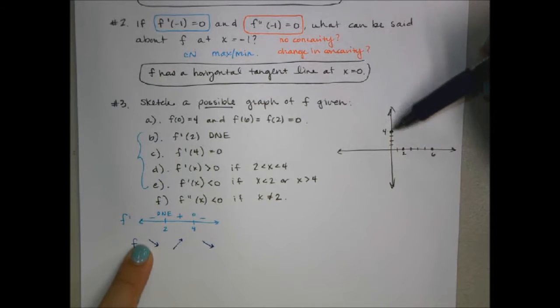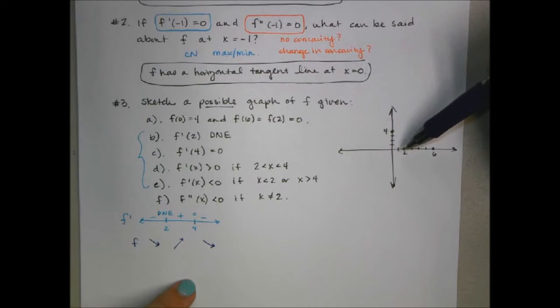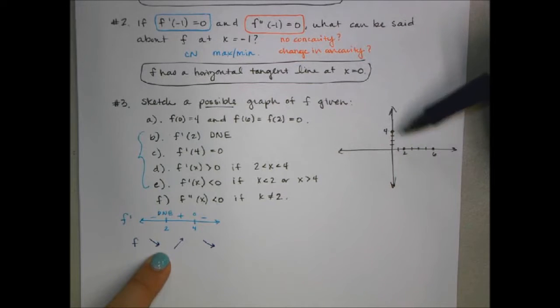Now, it doesn't say I have to stop here, but I should start increasing here, and it's not differentiable. So the point exists, so it's continuous at 2, but if it's not differentiable, it must be that it's not smooth. So I need to have a sharp turn at 2.